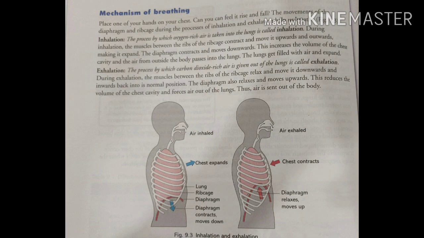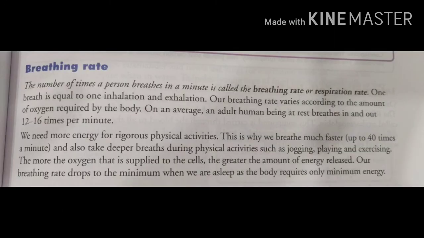Now next we come to the breathing rate. So what is breathing rate, or you can say respiration rate? The number of times a person breathes in a minute is called the breathing rate. The number of times a person breathes in and out in a minute is known as the breathing rate.